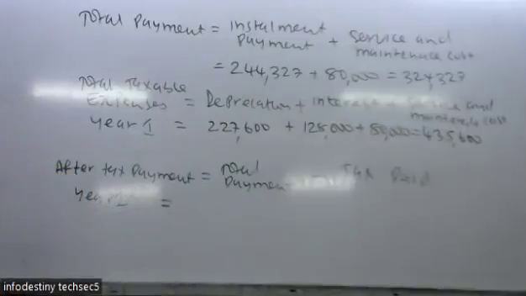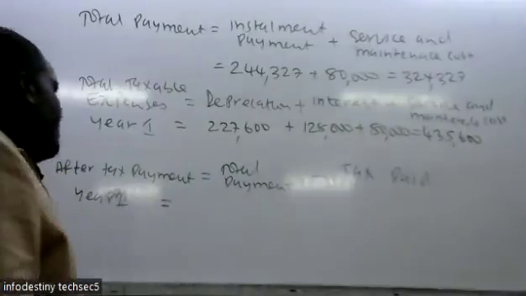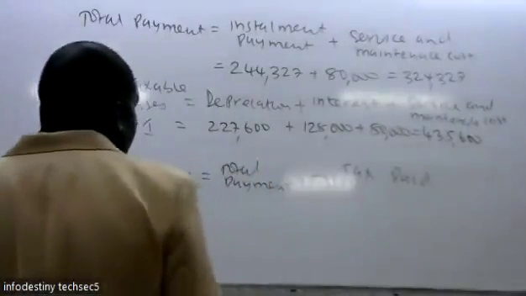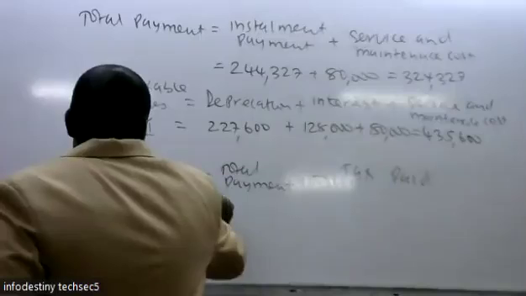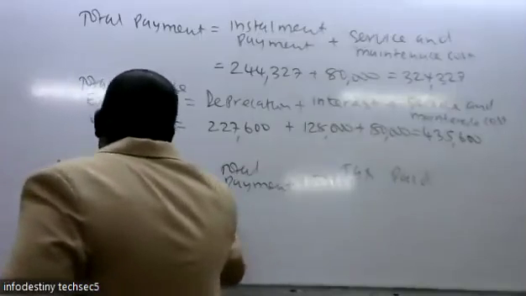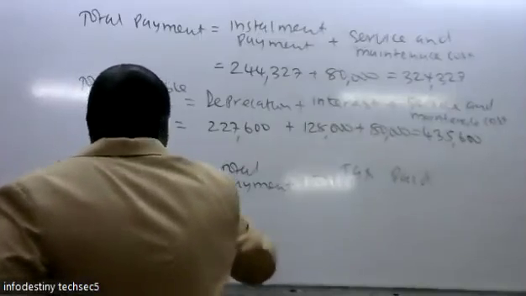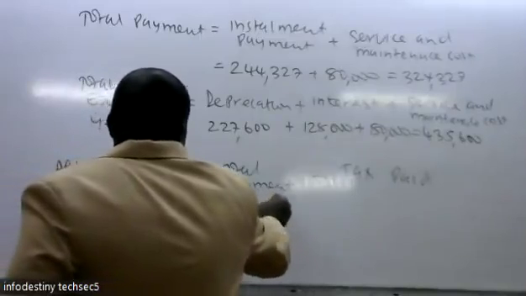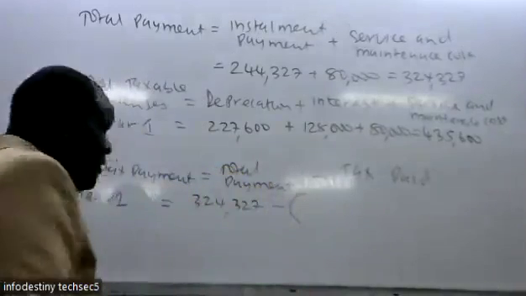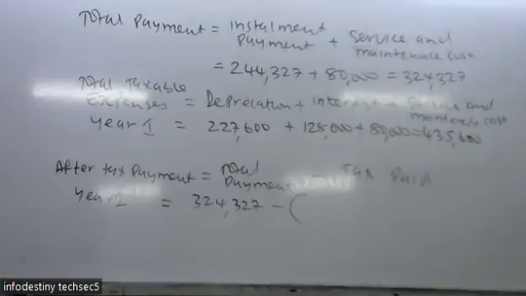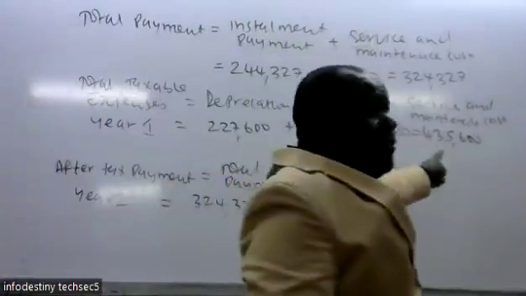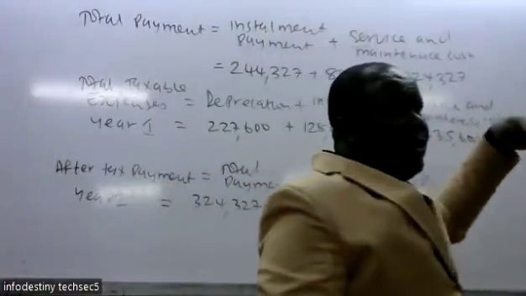So year one, total payment will not change. It is 324,327. So tax paid in year one, you simply take these taxable expenses, multiply by the tax rate.